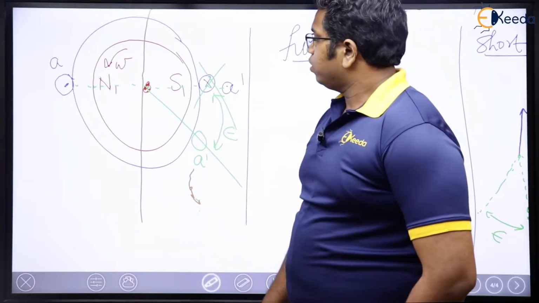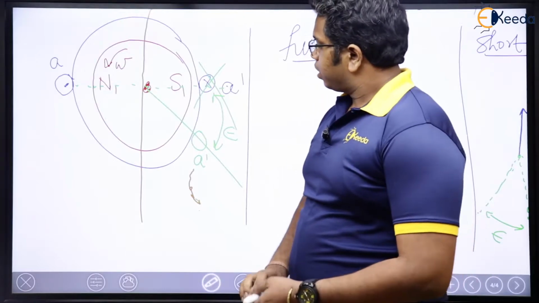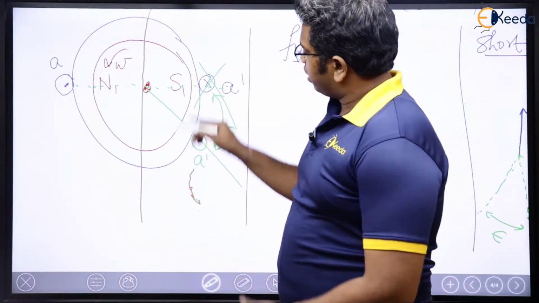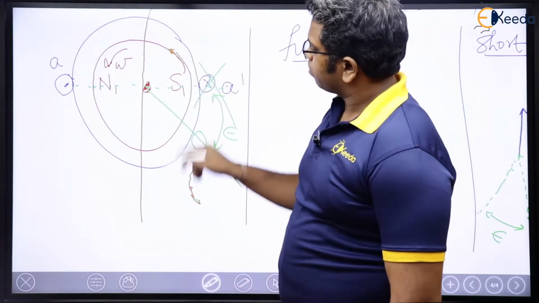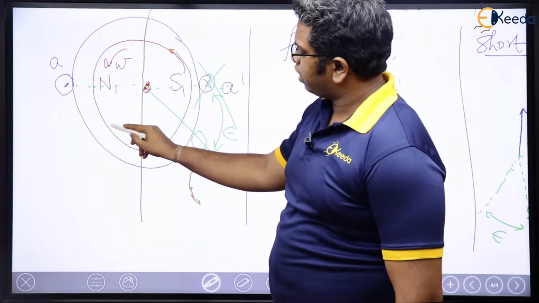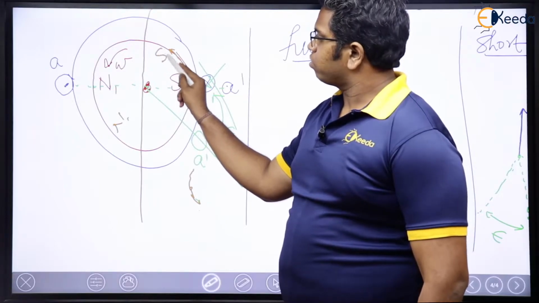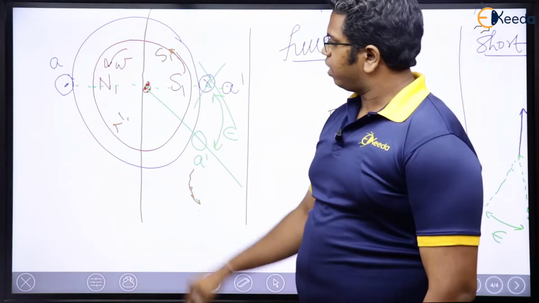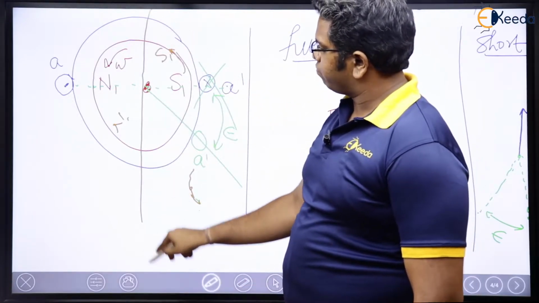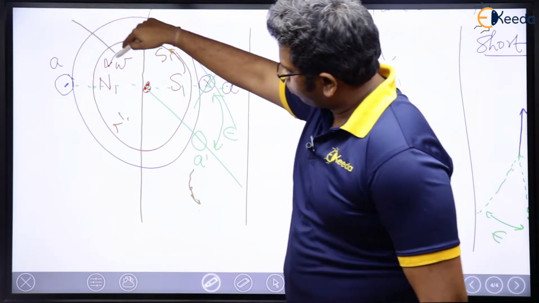Now, what is going to happen after that? The moment this is rotated more, in the sense if this S pole goes here and N1 comes here, S1 goes there, this interpolar axis will get shifted to here.